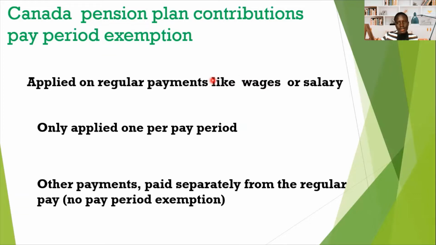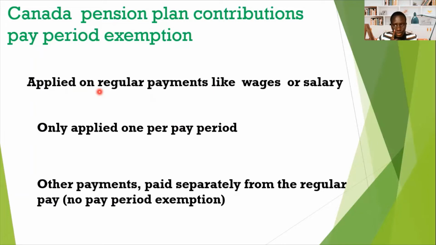And then after that, you apply the percentage of the Canada Pension Plan of that year. The exemption applies on the regular payment like wages or salaries, only per pay period. Other payments paid separately from the regular pay are different.